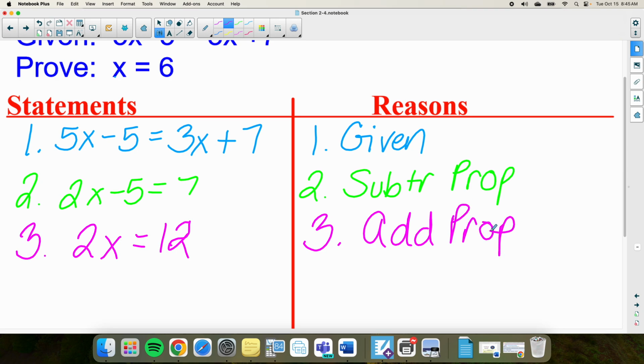And then the last step would be division. And like how I made my mistake there, if you guys hadn't told me that, I would have gotten a different answer here and hopefully I would have noticed, and then I could have gone back and figured out what I did wrong. But that is division prop.